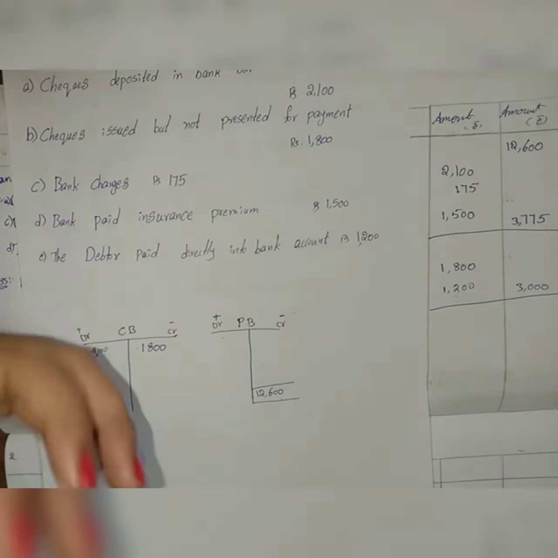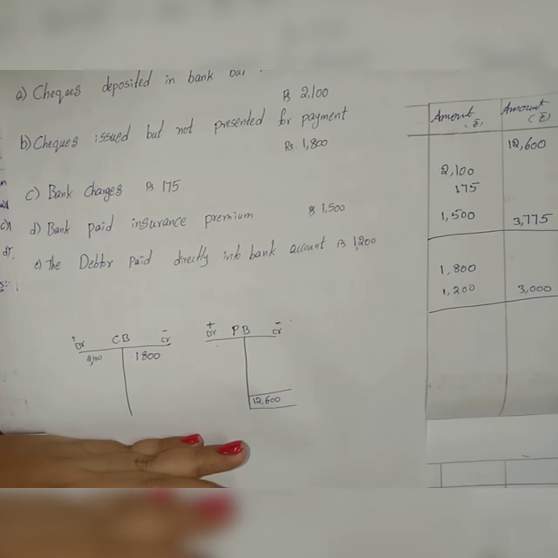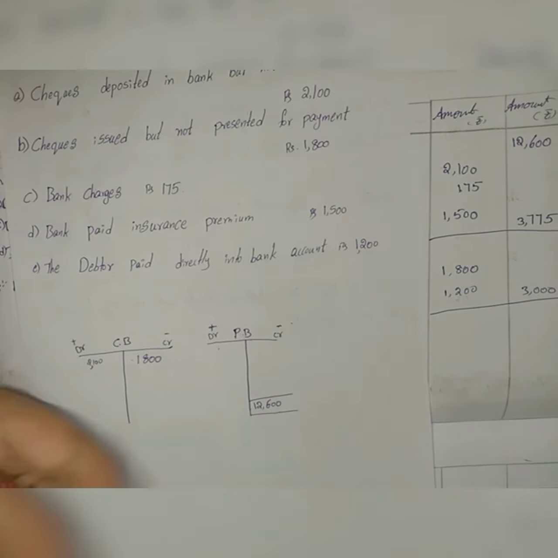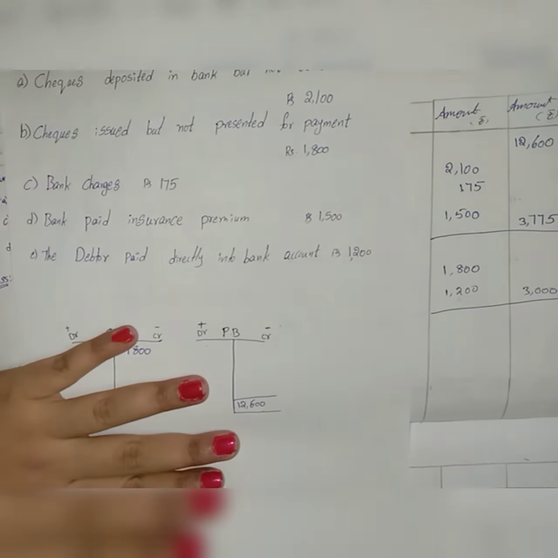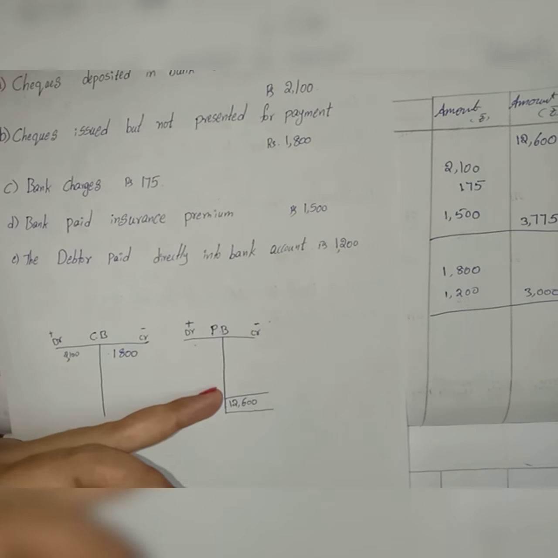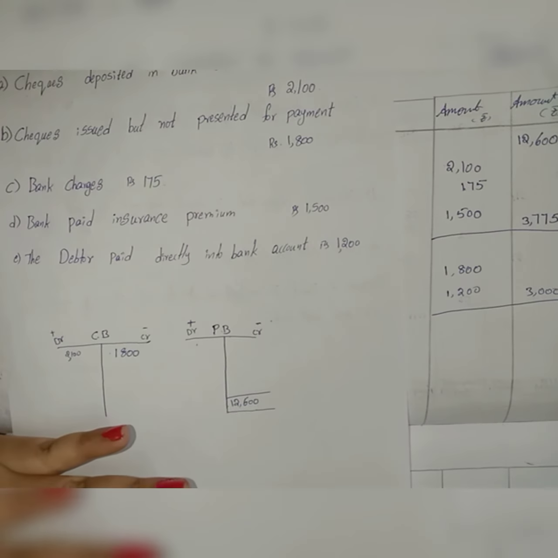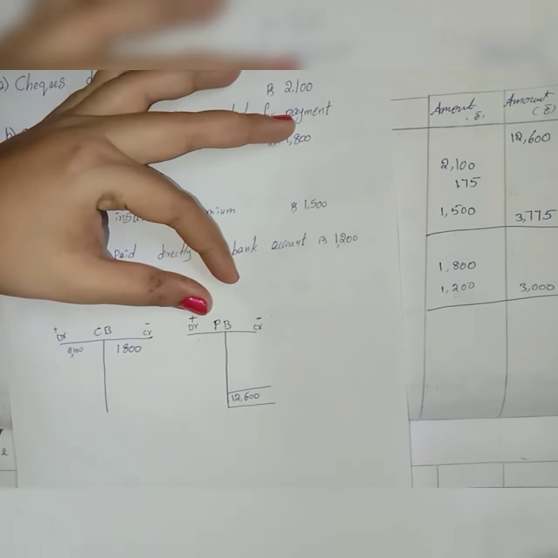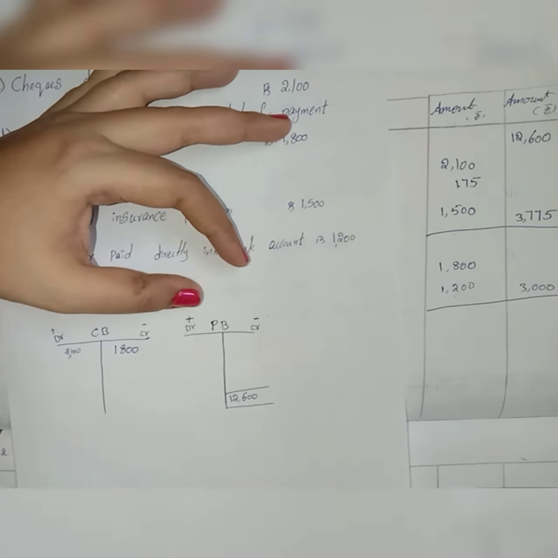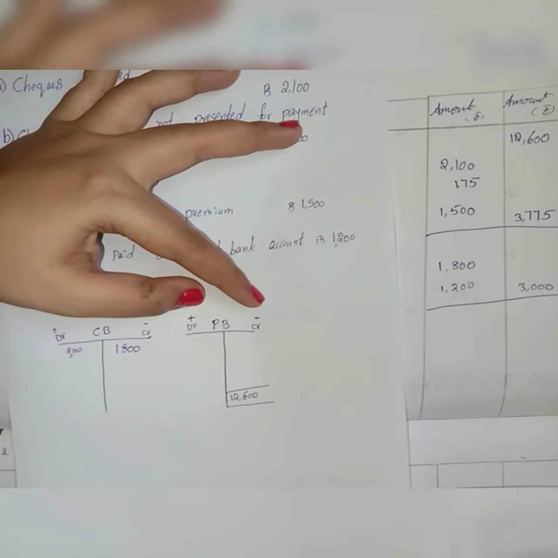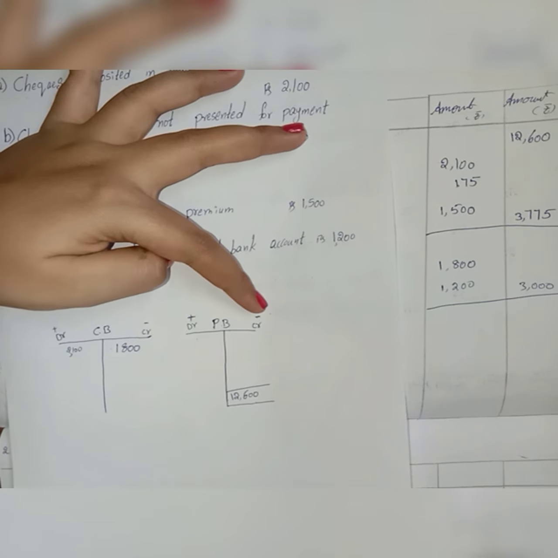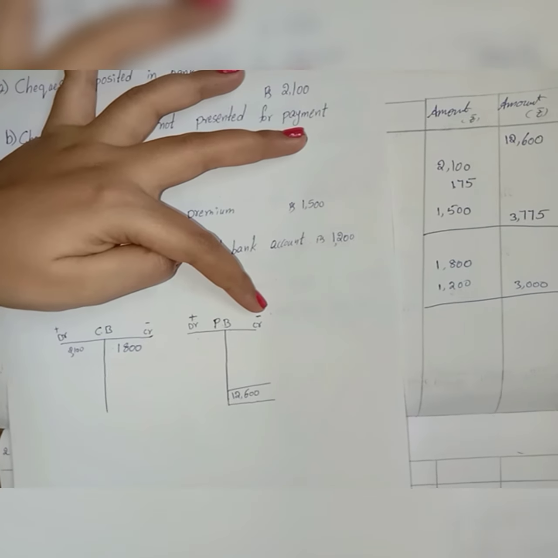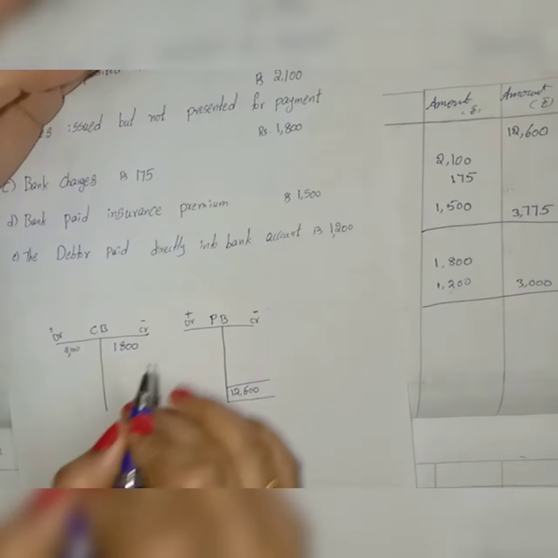What we paid is debited in the passbook, and what we collect is credited in the passbook.